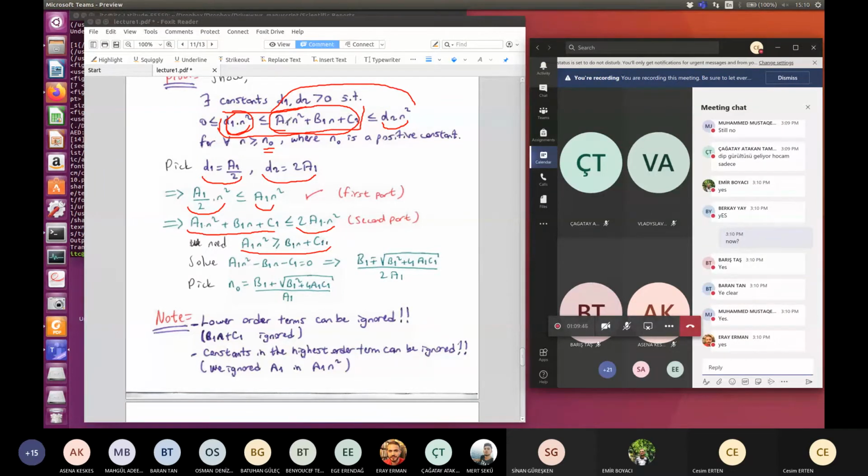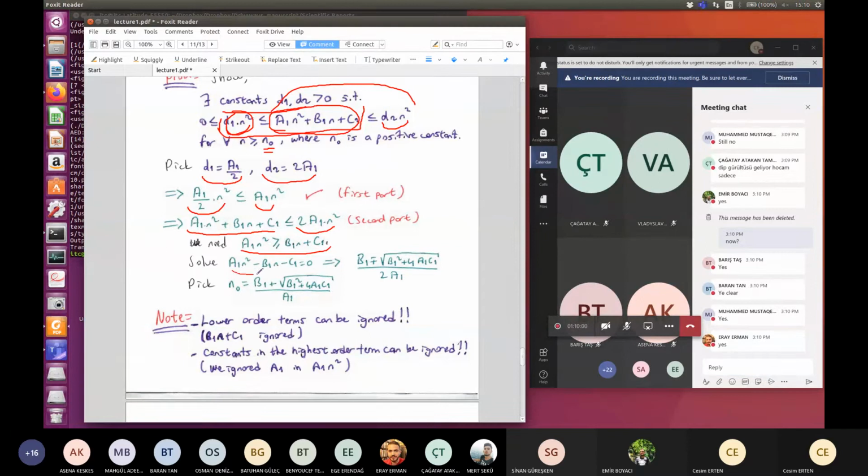For the right part of the inequality, we need to prove that a1n squared plus b1n plus c1 is less than or equal to d2 times n squared for some constant d2. We pick d2 to be equal to 2a1, and doing some math, we arrive at a1n squared minus b1n minus c1 equal to 0. Now solving for n, it has two roots, and we can pick n0, our starting point, to be the bigger one, because after this root point, we know that a1n squared will be greater than or equal to b1n plus c1, which means that after that point, this second inequality will hold.